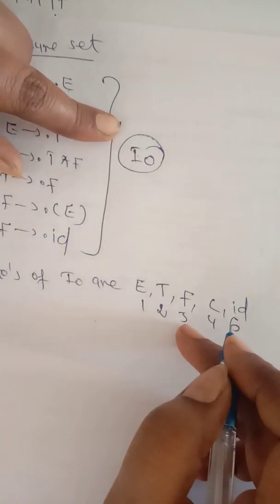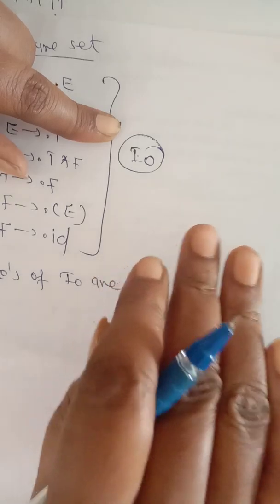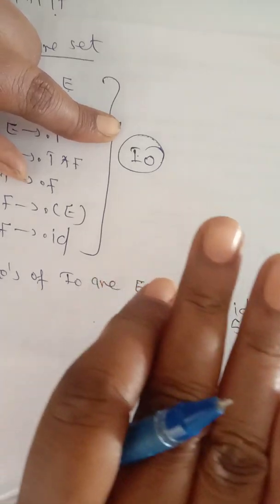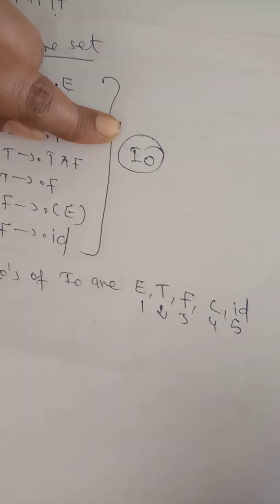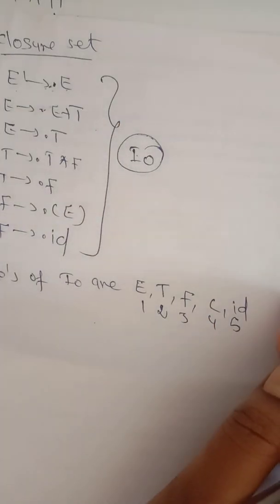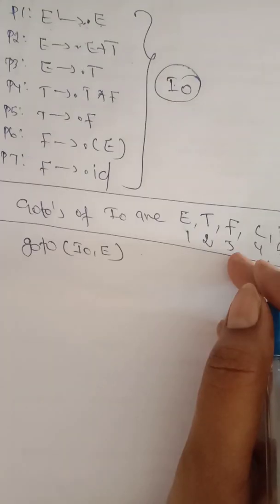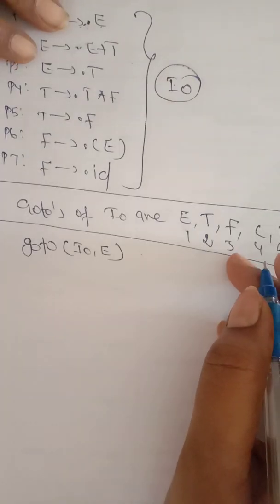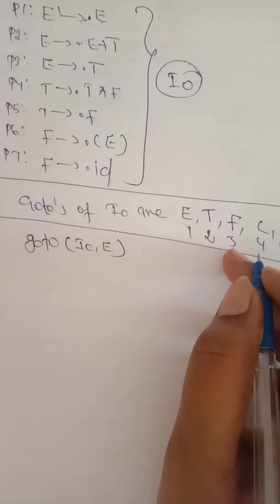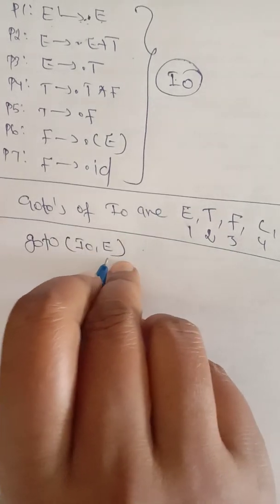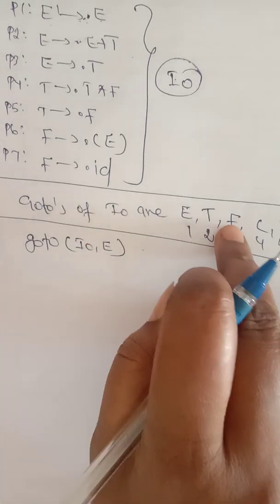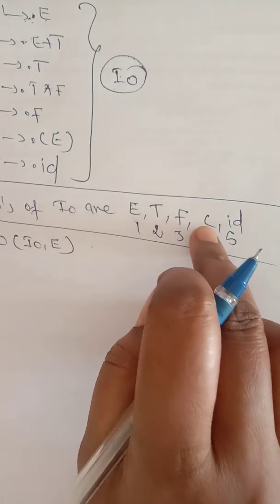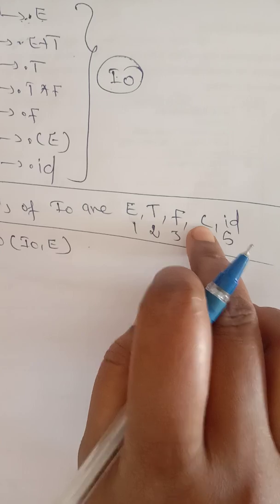So what does go-to mean? Go-to means just moving the dot operator towards the right side by one position. So that is called go-to. Now we have to find go-to of I naught comma E. Next we have to apply go-to of I naught comma T, go-to of I naught comma F, go-to of I naught comma open bracket, go-to of I naught comma ID.